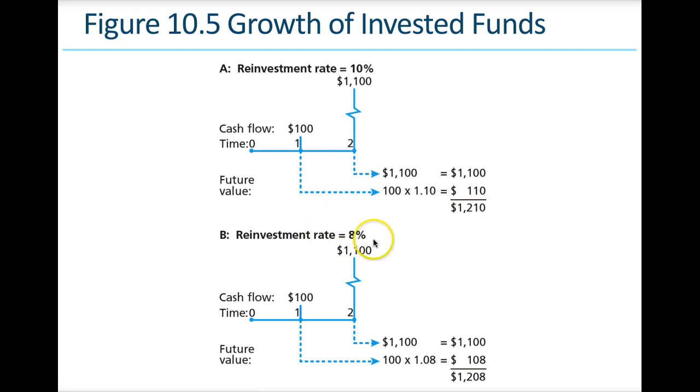But if that reinvestment rate drops to 8%, the value of our overall bond is going to be a little bit less because we're reinvesting at 8% instead of 10%. So the growth of the invested money changes with whatever the investment rate is.